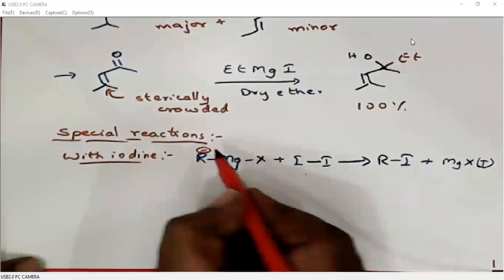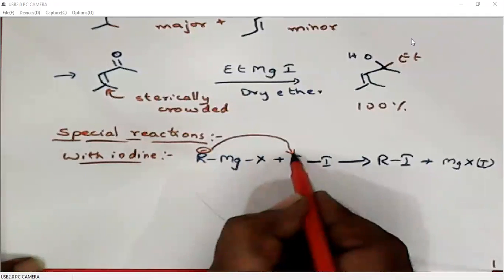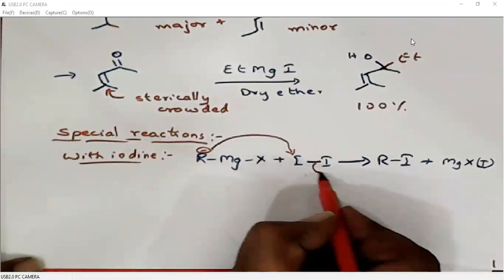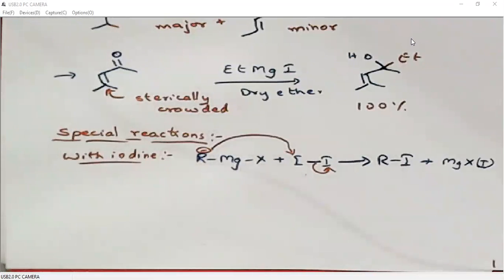R minus will attack one of the iodines, and another iodine will act as a leaving group. So basically this reaction is a type of nucleophilic substitution on iodine.